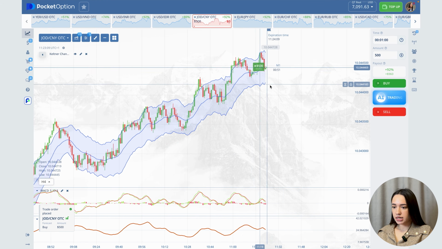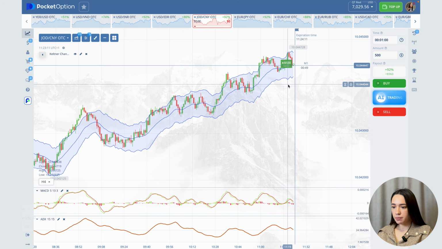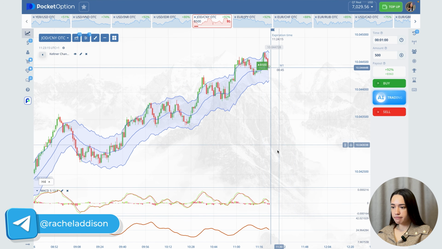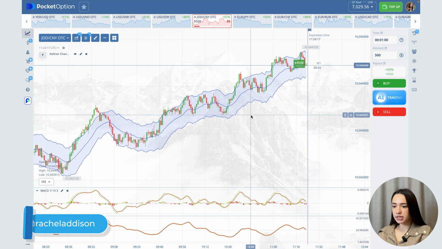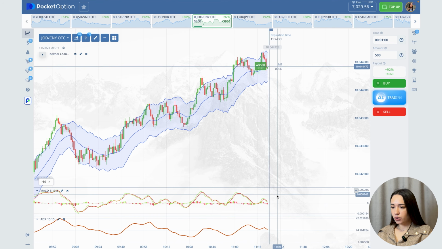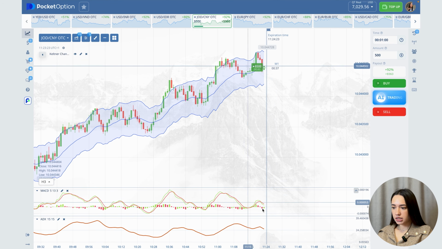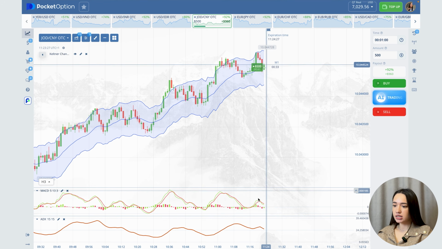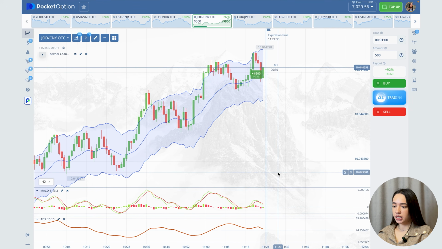Right on the next asset, I'm opening a buy trade. So the signals from the MACD were a bit incomplete here. It didn't fully confirm the entry yet, but we still have a smooth and steady uptrend anyway.